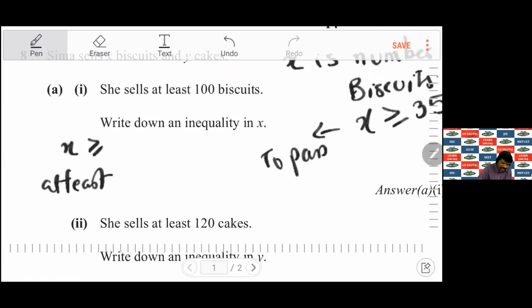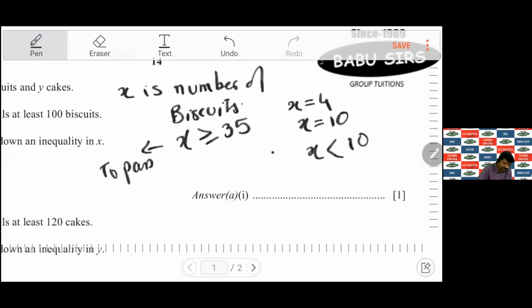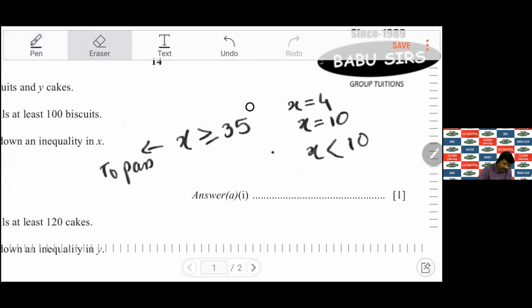So here it is written, she sells at least 100 biscuits. So X will be greater than or equal to 100.